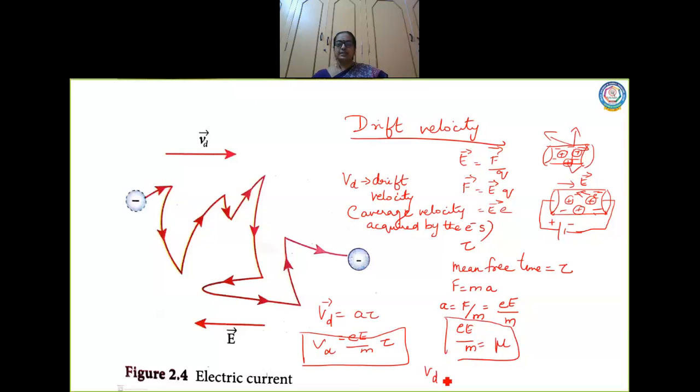So Vd is equal to mu E, and mu is equal to e tau by m, which is also called mobility. Mobility is nothing but the drift velocity acquired per unit electric field.